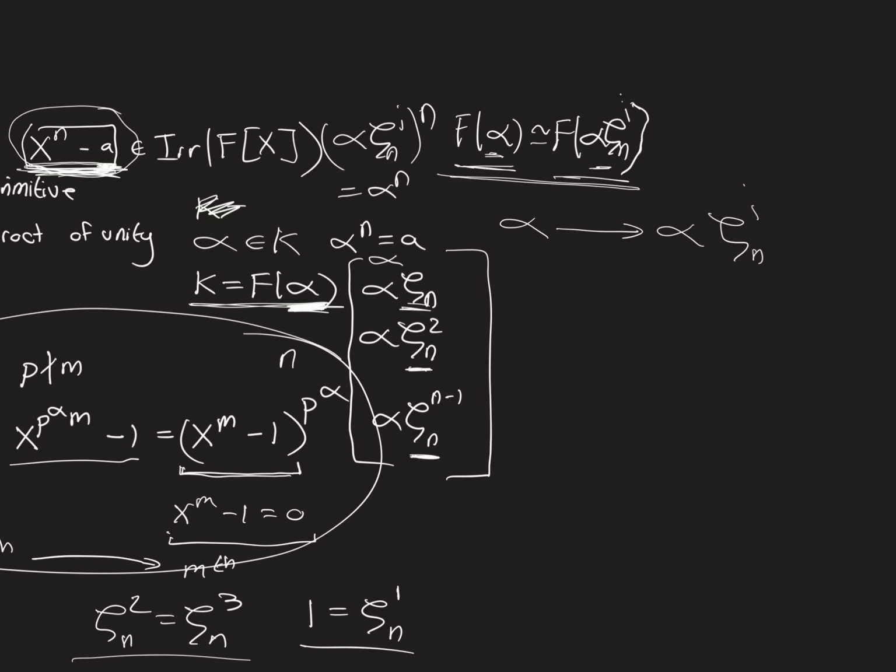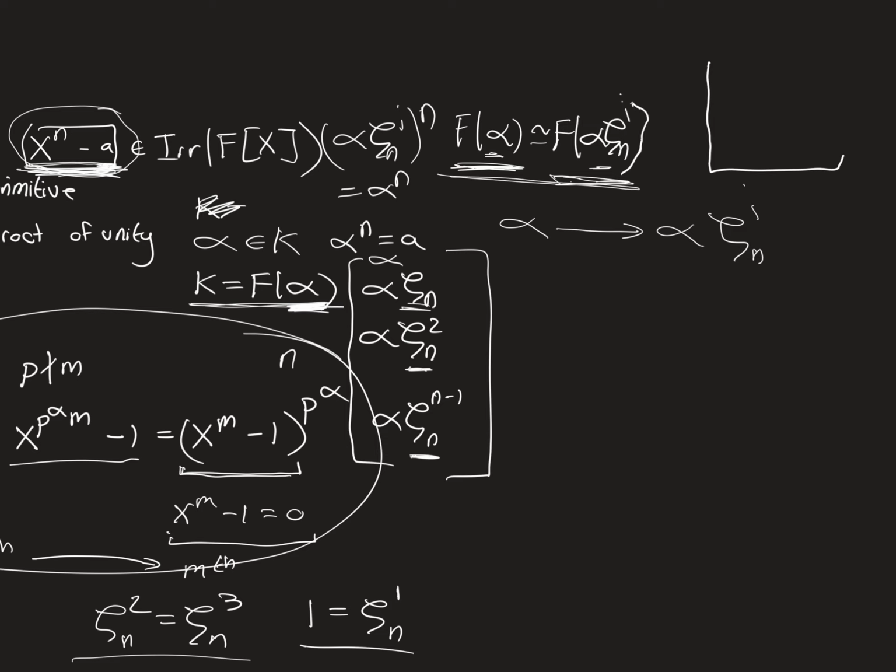But these two fields are the same as well. They're more than isomorphic, because we've already shown that once you've got alpha zeta n to the i inside this field here, these two fields are not only isomorphic, they're actually equal. Let me draw a picture for this.